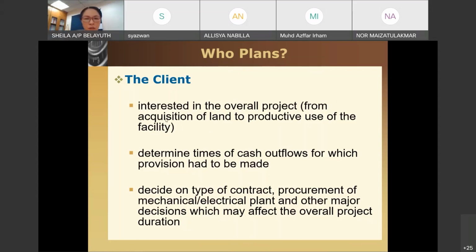But for a client who does not look into the use until the end, for example, Sunway, they have Sunway Hotel, a complex that goes until the productive use of the facility. But if we are talking about residential, it will be passed on to the end user.